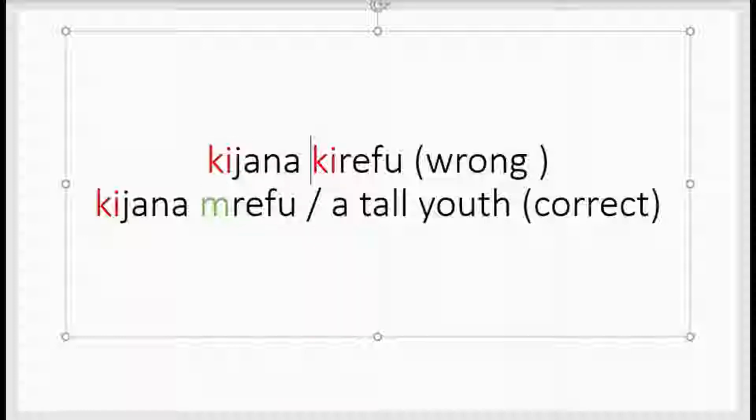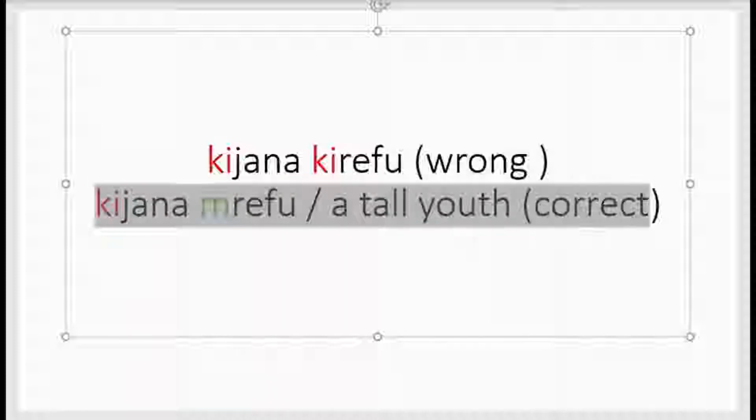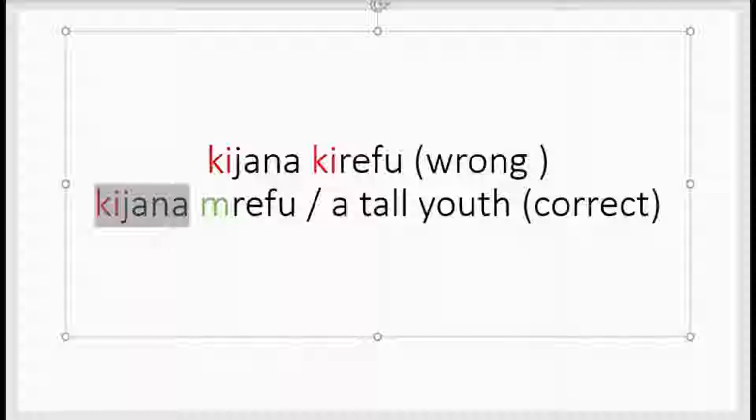So kijana kirefu is a wrong sentence. Instead, kijana mrefu, a tall youth. This is the correct version. Kijana mrefu.